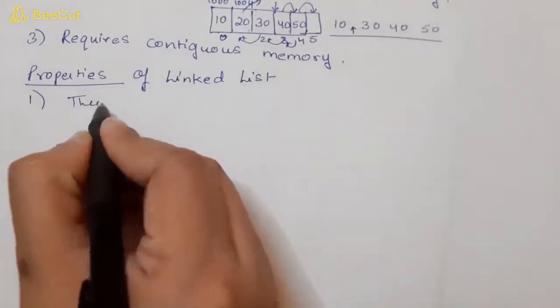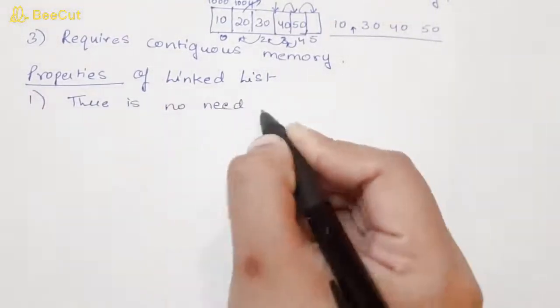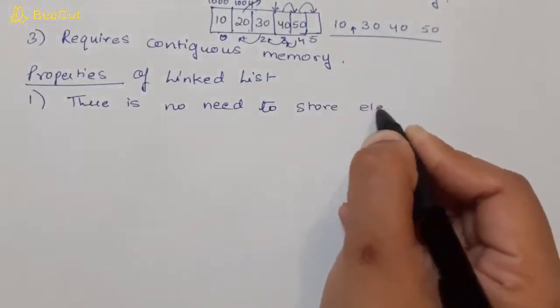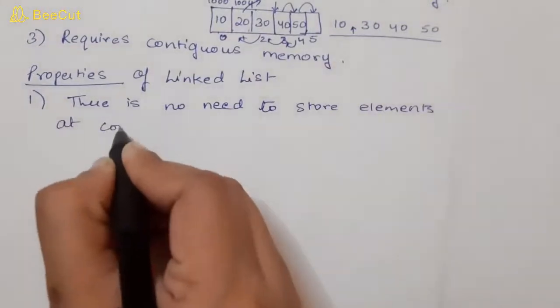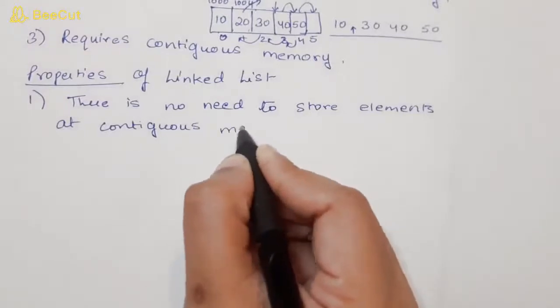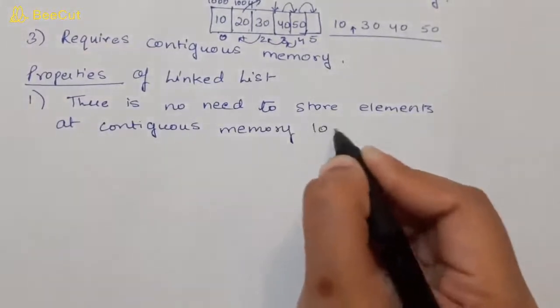There is no need to store elements at contiguous memory locations, because we are going to use the concept of pointers over here.